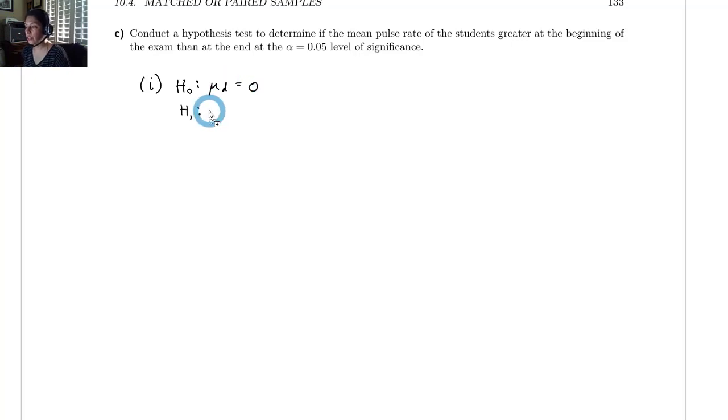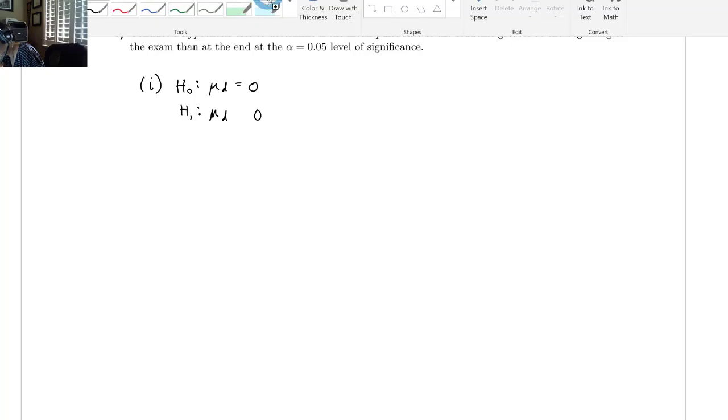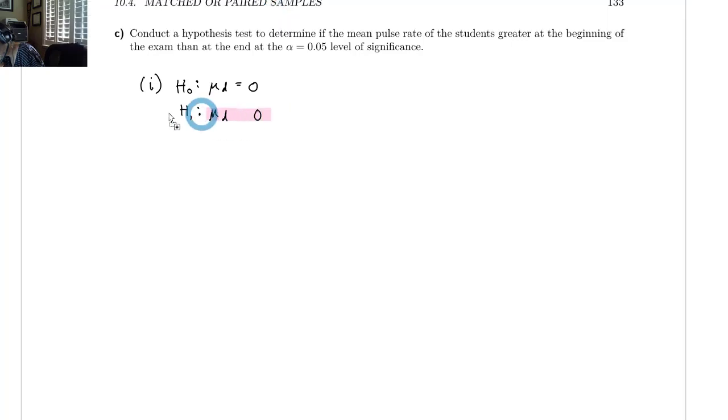We're going to have the mean difference as the null: there is no difference between the heart rates. And then the alternative, we're going to have to do a little bit of side work here. Let's take a look.